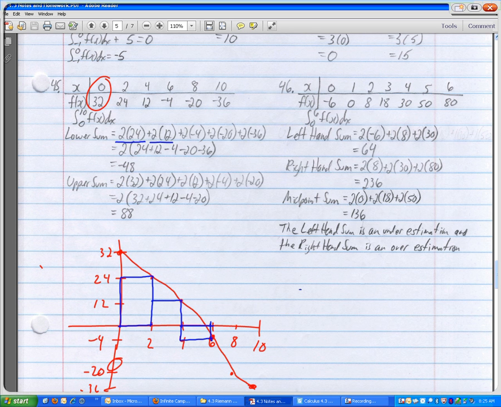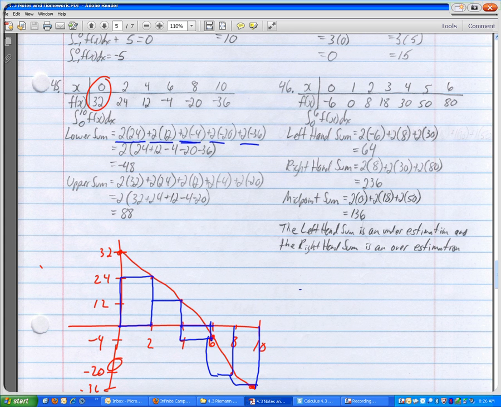But since that rectangle's below the x-axis, its signed area is going to be negative. Okay, does that make sense? And then the same thing for the next one. So at 8, we'll go down here to negative 20. And then at 10, we go down here to negative 36. Then we add them up.